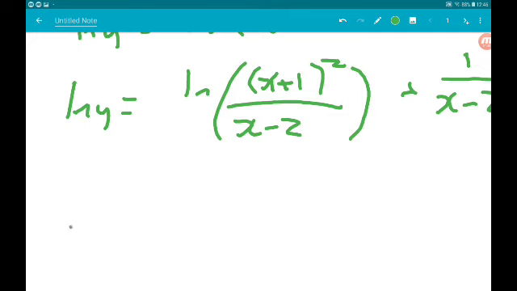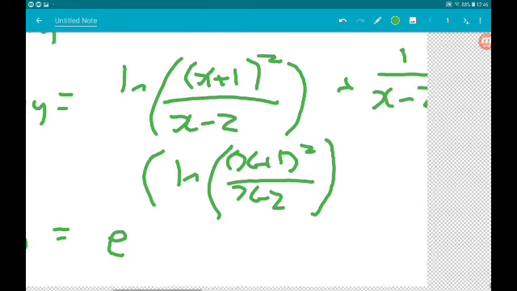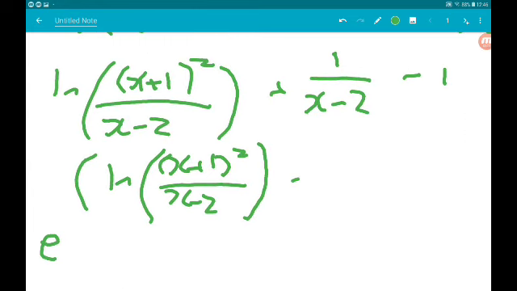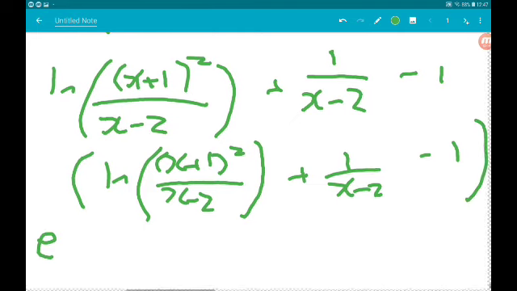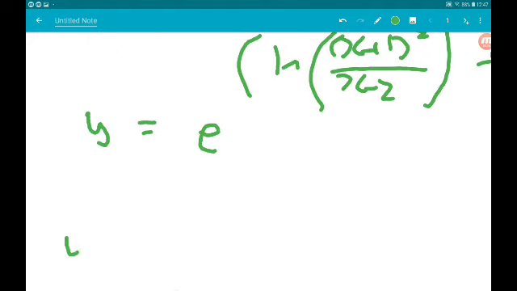So we get y is e to the power of log of (x plus 1) squared over (x minus 2), plus 1 over x minus 2, minus 1.